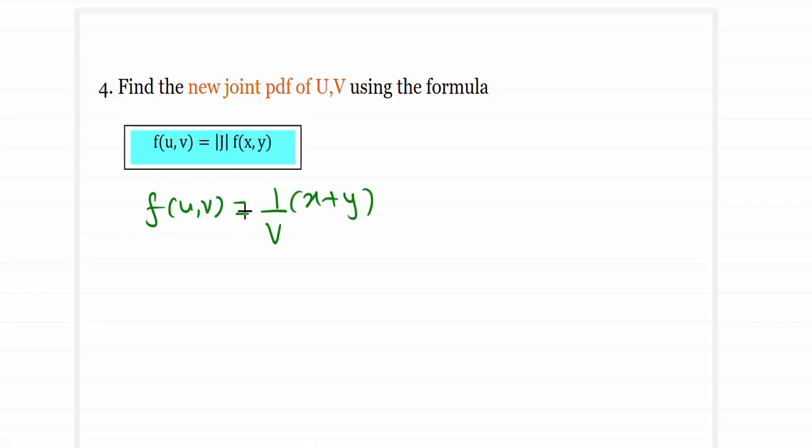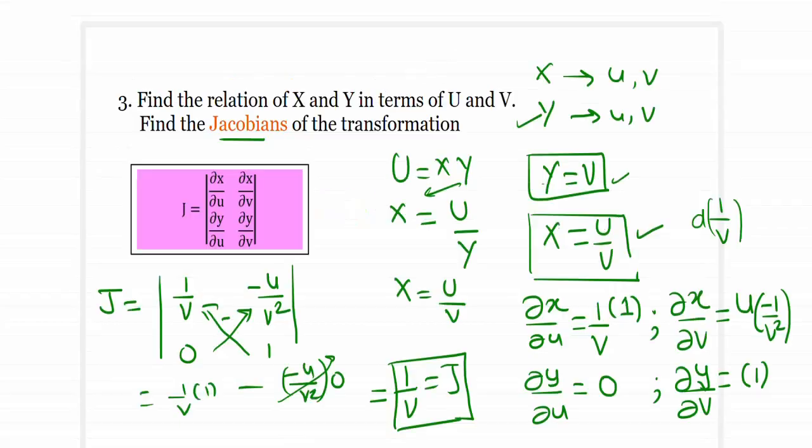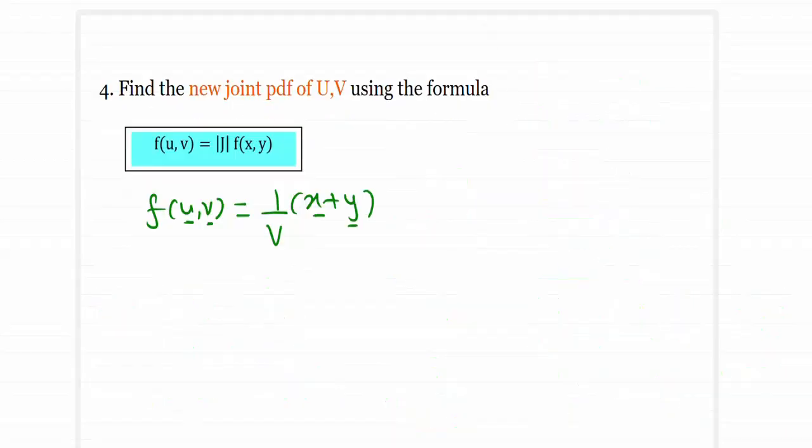So I have now obtained f of u comma v. But we see a glitch over here: we want a function in terms of u and v, but we have the alien variables x and y. So we will have to transform this. Just now we obtained the relationship of x and y in terms of u and v. So make use of this and replace the quantities. X is replaced as u by v and y is replaced as v.